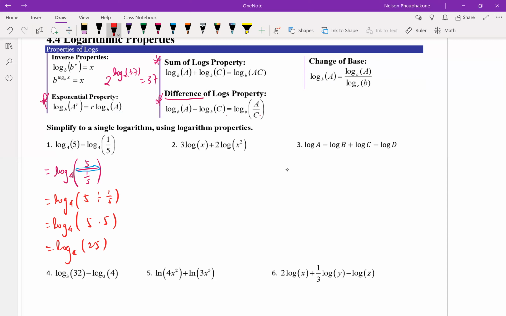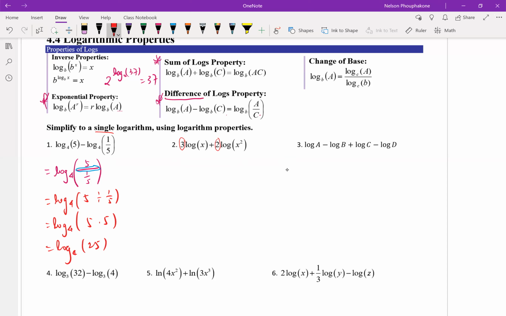And then, how about the next one? To this one, we have 3 times the natural log of x plus 2 times the common log of x squared. Again, remember we would like to rewrite this into a single log. Now you will see that if we have 3 or positive 2 in front of the log, we cannot combine them right away.